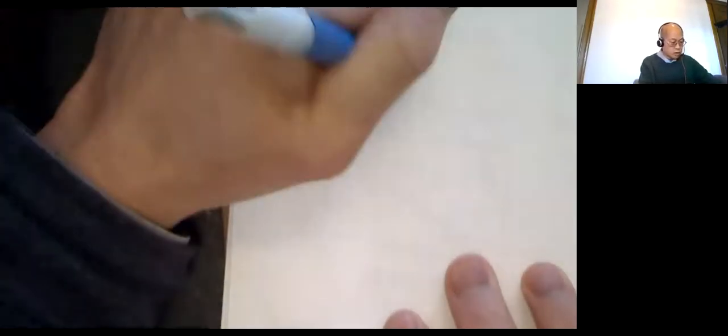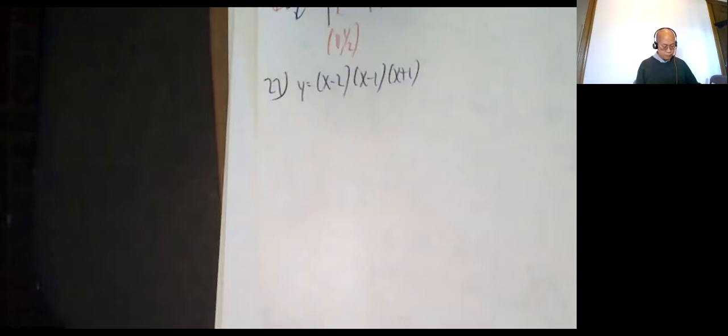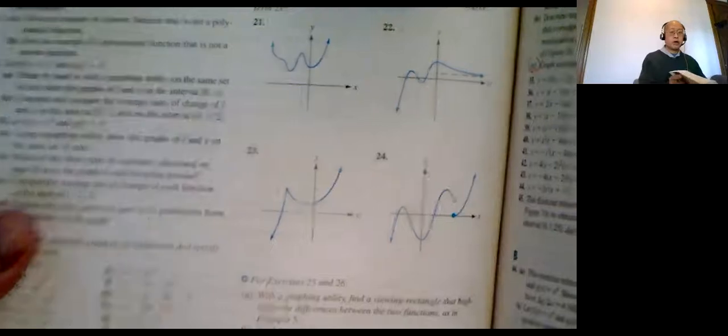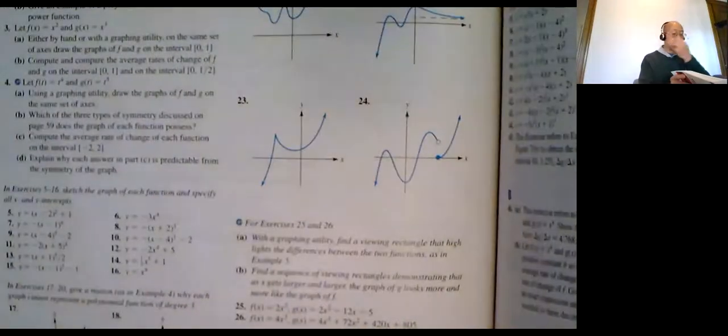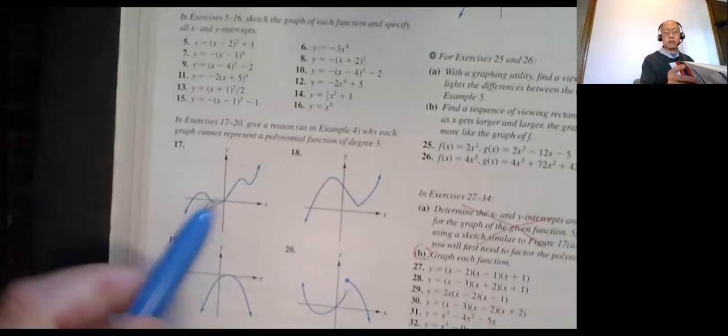y equals (x minus 2)(x minus 1)(x plus 1). Okay, now you don't have to write this down, but polynomials in general are always going to go either to infinity or negative infinity in the long run.